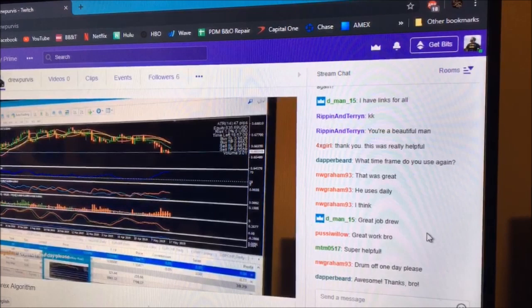The ASH, the Waddah Attar Explosion, and the SSL, I believe I had to download all of those. And then the position size indicator, I had to download that. And the ATR, the average true range, is another one that just comes built in.